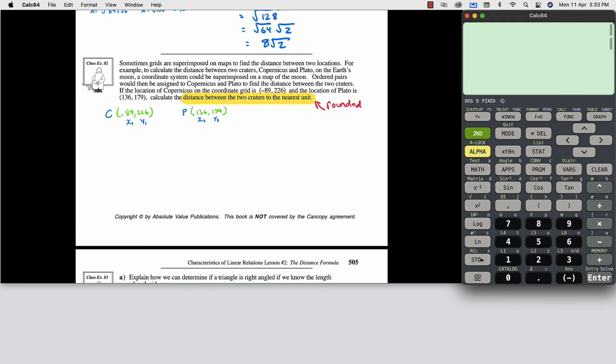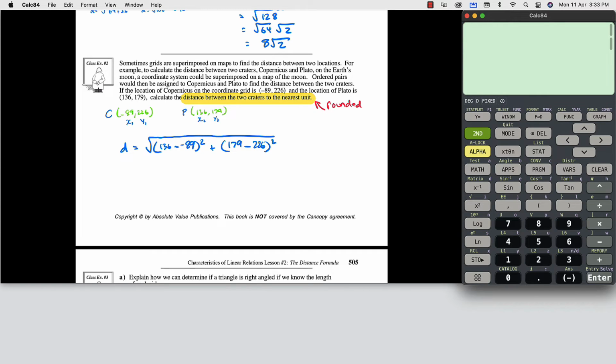So again, we just take our distance formula, our modified distance formula, and we're going to take x2, which is 136, minus x1, which is minus negative 89, squared, plus y2, which is 179, minus y1, which is 226.